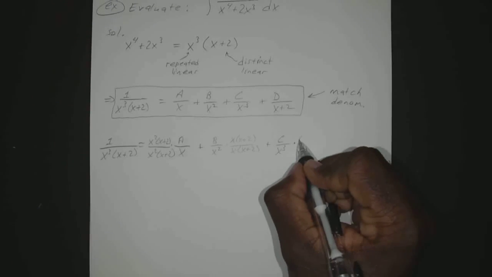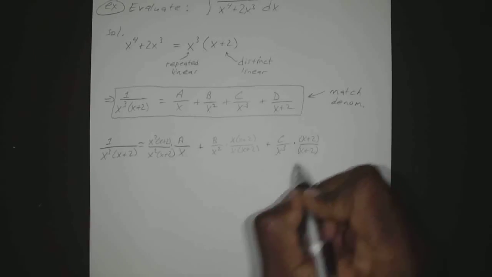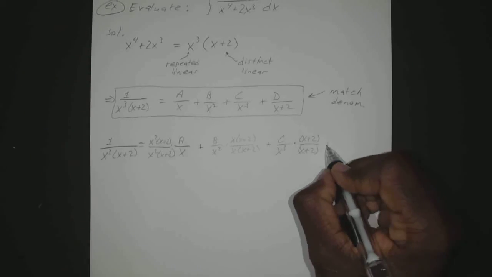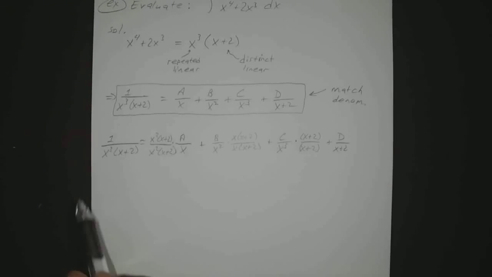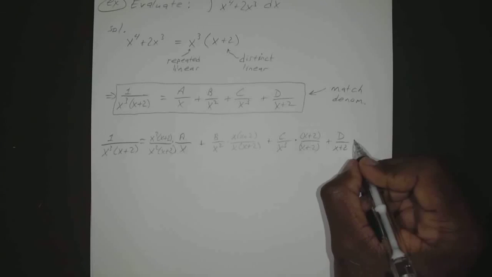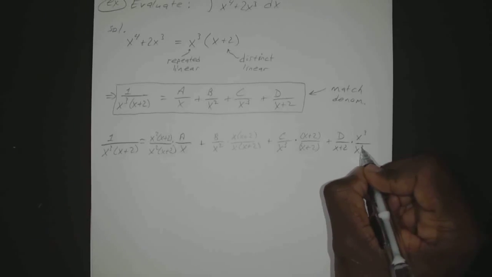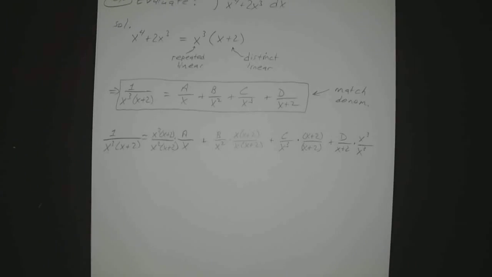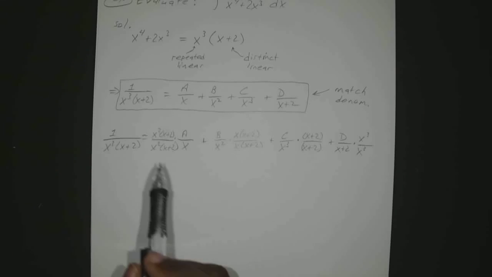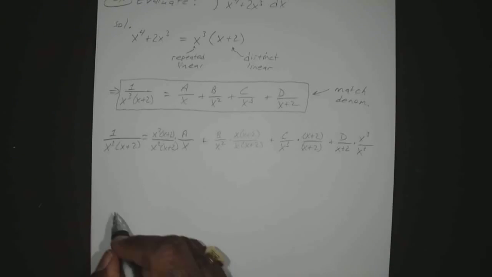So we multiply that by x plus 2 over x plus 2. Plus d over x plus 2. The only thing missing is the x to the 3rd, so it's times x to the 3rd over x to the 3rd. Okay, so as soon as you multiply both sides by the common denominator, those disappear.